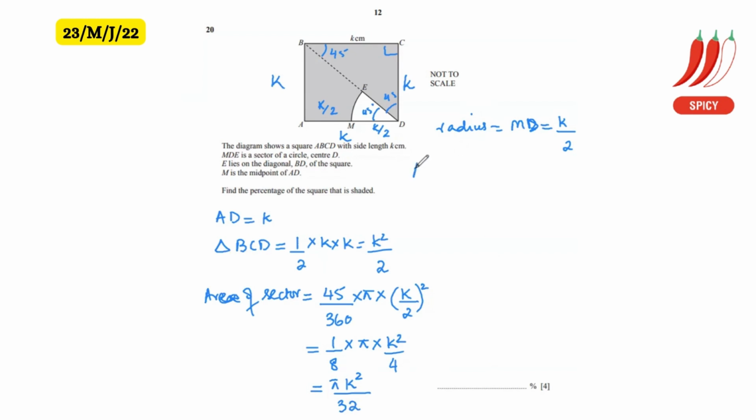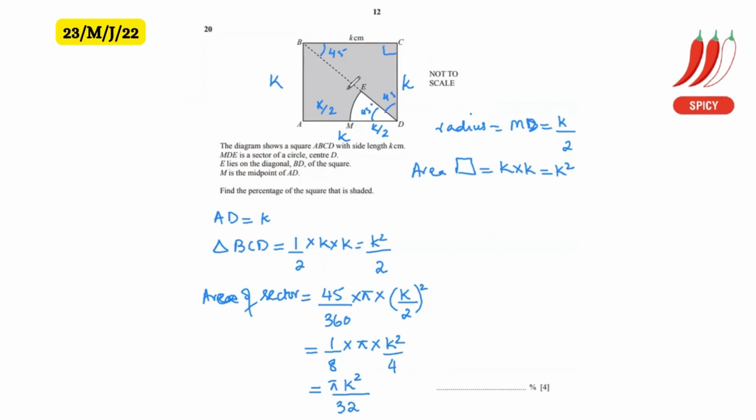Now, area of square would be K times K, which is K squared. So from K squared, if we subtract this triangle and this sector, that would give us this ABEM.